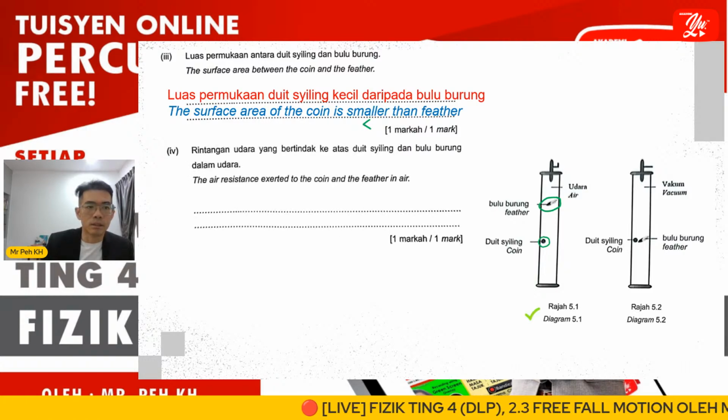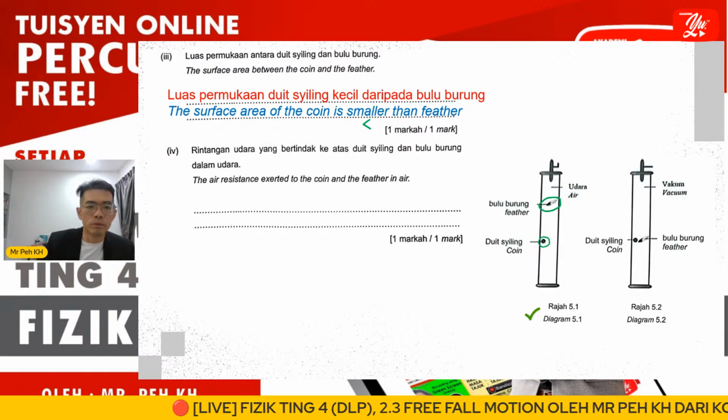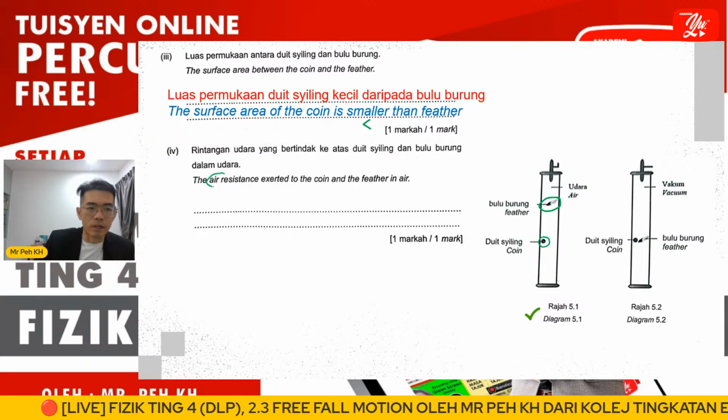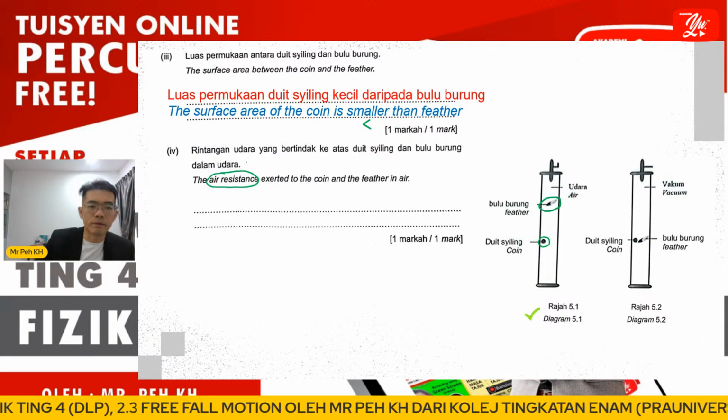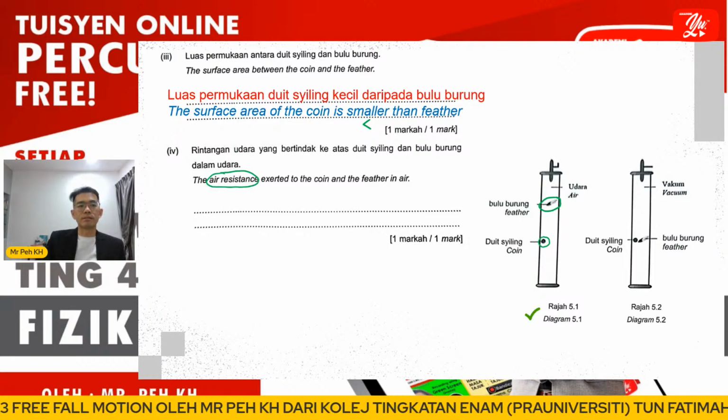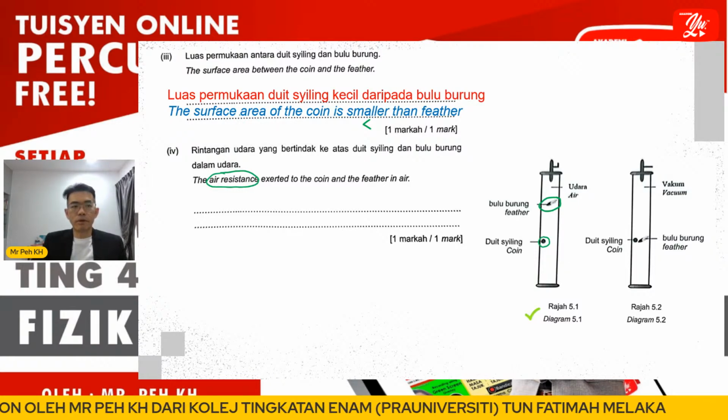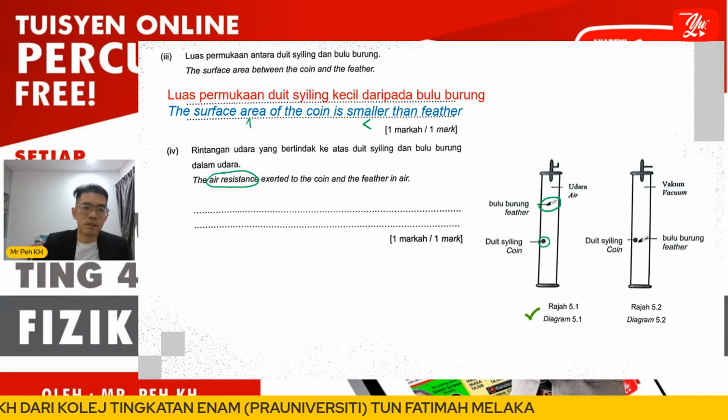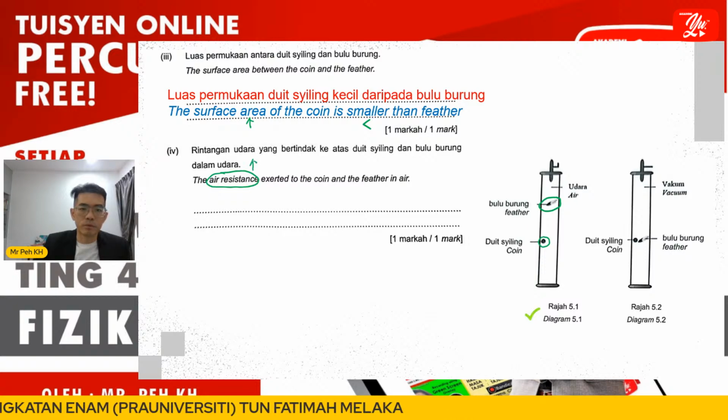Then number 4, we discuss the air resistance. From the theory just now, we learned the air resistance is affected by surface area. As the surface area is greater, the air resistance will be greater.